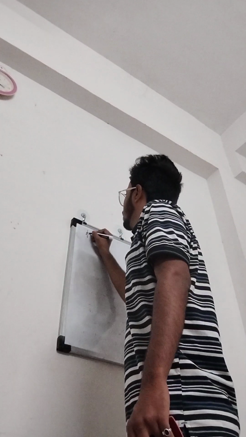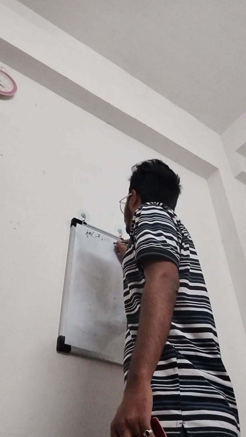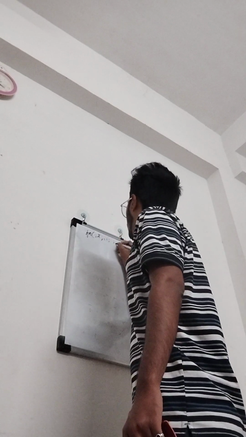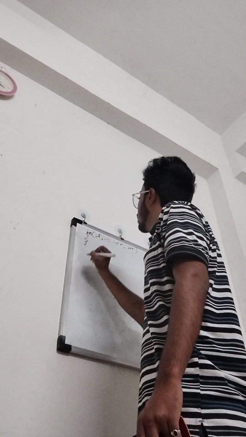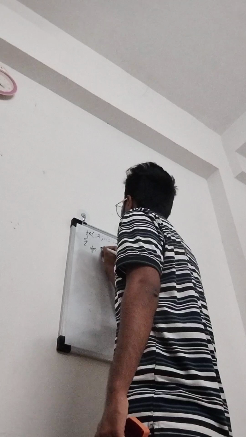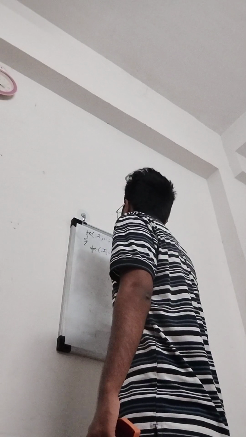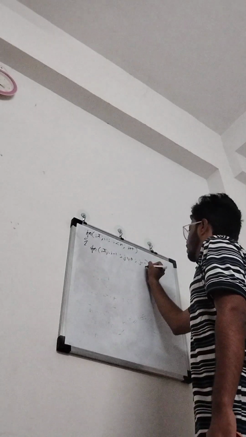Again the code will be like the previous only, int i equals 1, i less than n, i plus plus. For j again you will select j equals i minus 1, j should be greater than or equal to 0, j minus minus.